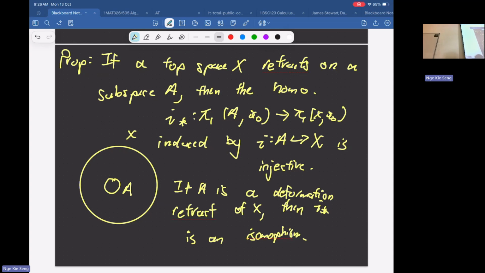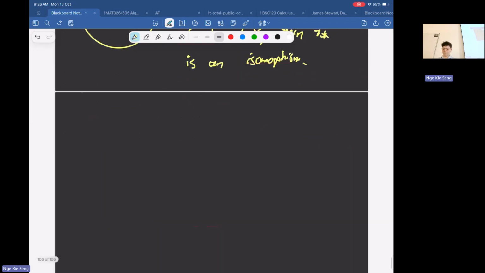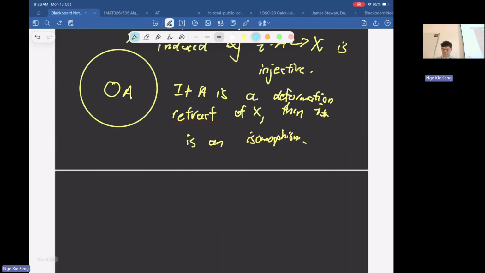Every loop in X becomes a loop in A, so you must use your homotopy to help you find the loop. This proof is pretty straightforward. Let's quickly discuss this proof. First part: suppose R from X to A is a retraction.